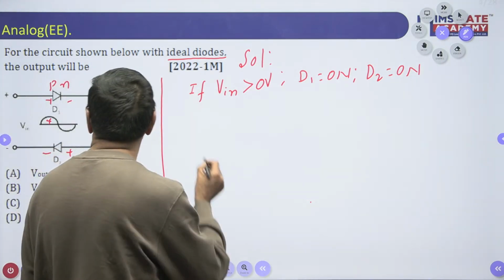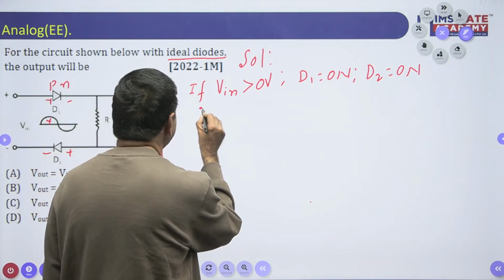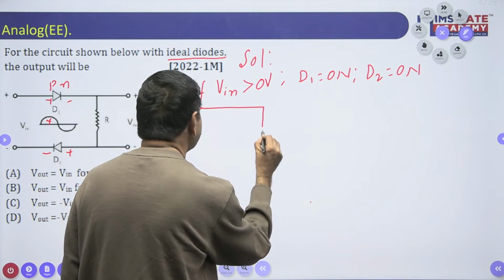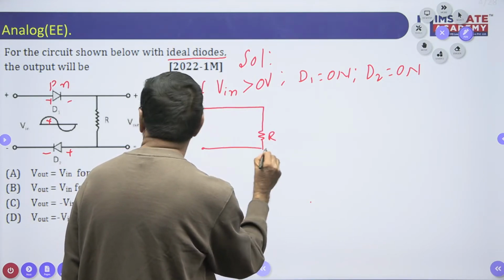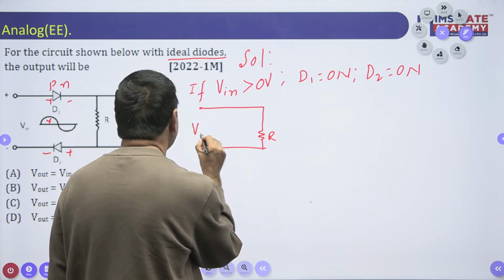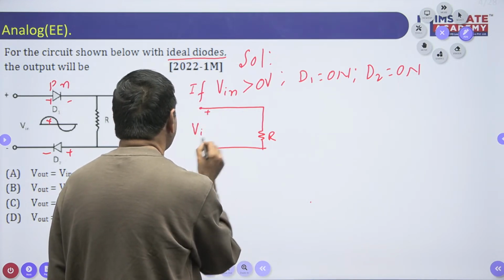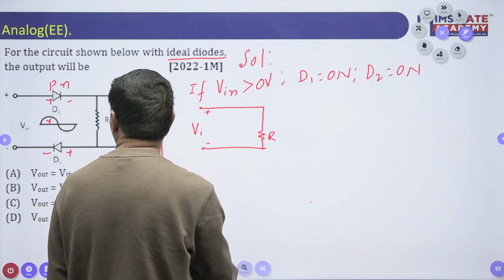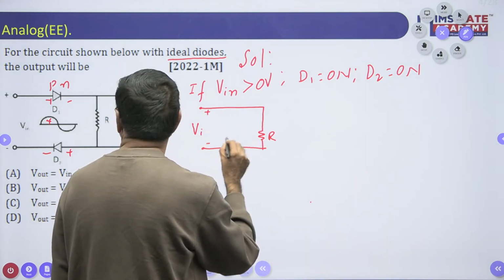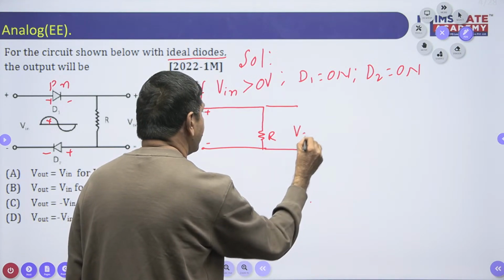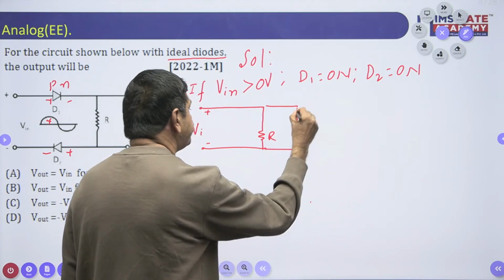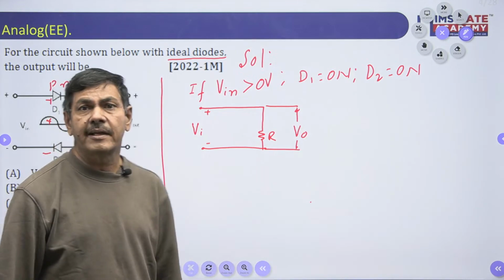I can draw the diagram like this. This is short circuited, resistance R connected with Vi. Vi is the positive input, and I want to get V naught. What V naught can I get?